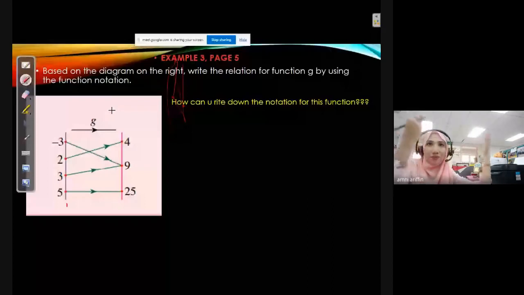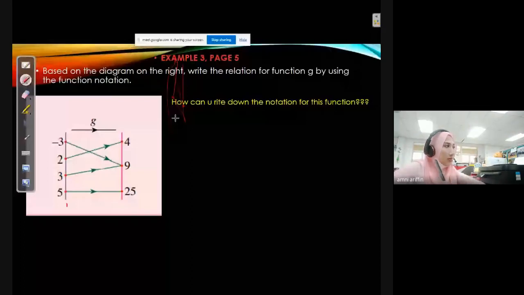Okay, so we go to the next slide. Based on the diagram, write the relation for function by using the function notation. Okay, kalau macam tadi, dah bagi tahu tadi kan. So you kena tahu macam mana you nak buat dalam bentuk graphical. Boleh represent dalam bentuk graph, and then satu lagi kamu boleh tulis dalam bentuk notation. So notation ni adalah perkataan dia lah.